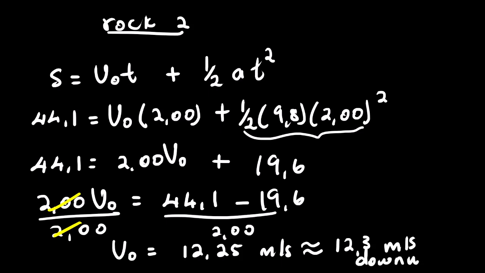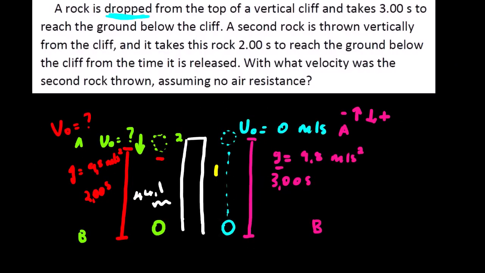It will be downwards, because remember, velocity is a vector, it has magnitude and direction. So I hope you can see how we calculated this. It is very simple.